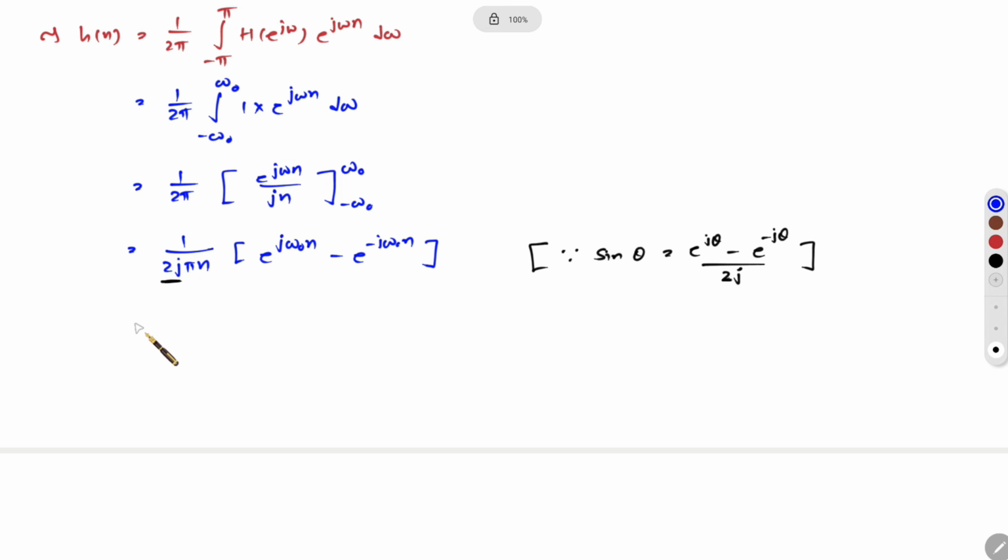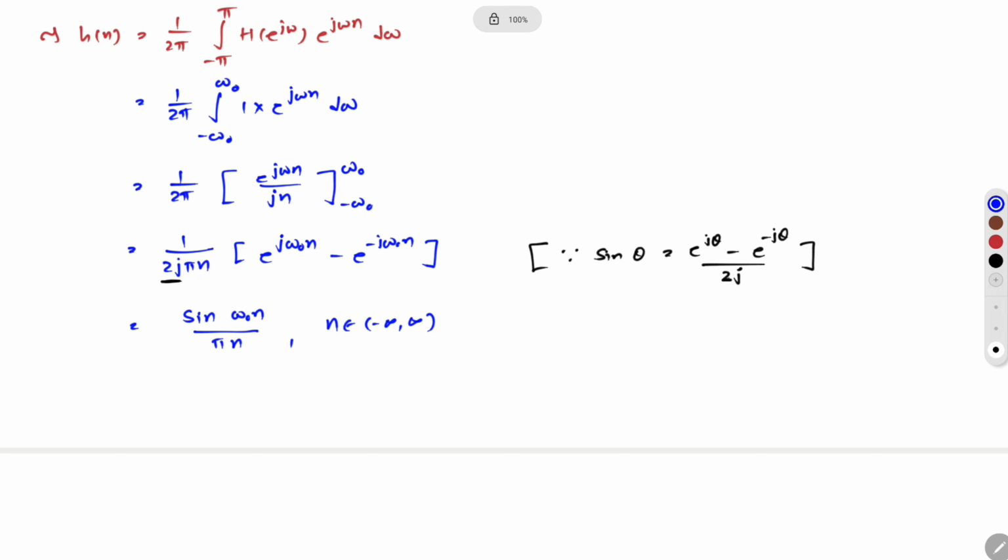So this will be sine of omega naught n. You can observe theta is omega naught n, and in the denominator we have 2j that we took over here, so pi n remains, right? And here n ranges from minus infinity to plus infinity.